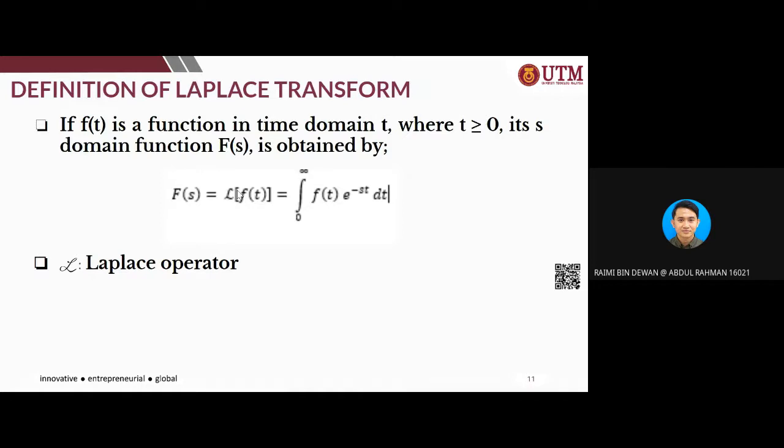L is the Laplace transform of small f(t) in the t domain. Integration from 0, because here t is greater than 0, to infinity. Then f(t), the time domain signal, multiplied with the exponent of negative st with respect to dt. So this that I showed just now is the Laplace operator.